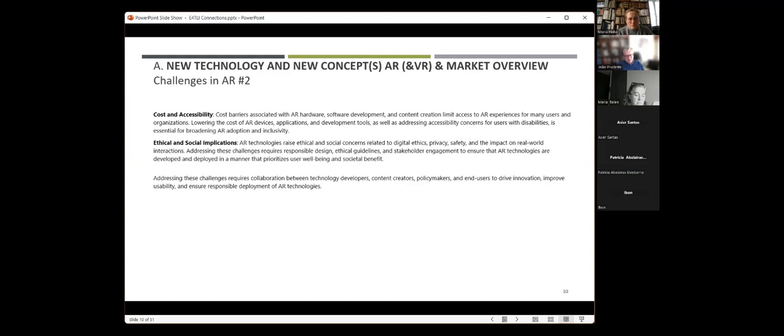It's not an investment, from the investment standpoint. It's very difficult to recover. So we need to lower the cost of devices, applications, and development tools.